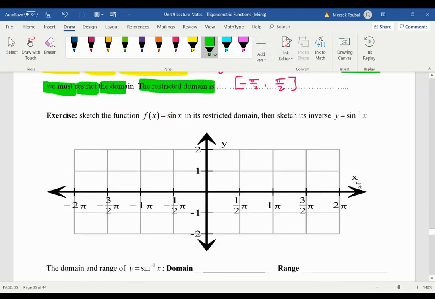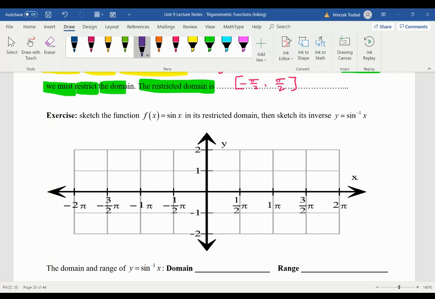Now let's work on this exercise. This exercise says sketch the function f of x equals sine of x in its restricted domain, then sketch its inverse, sine inverse of x. So let's start with the function sine in its restricted domain. We said the restricted domain goes from negative pi over 2 to pi over 2.